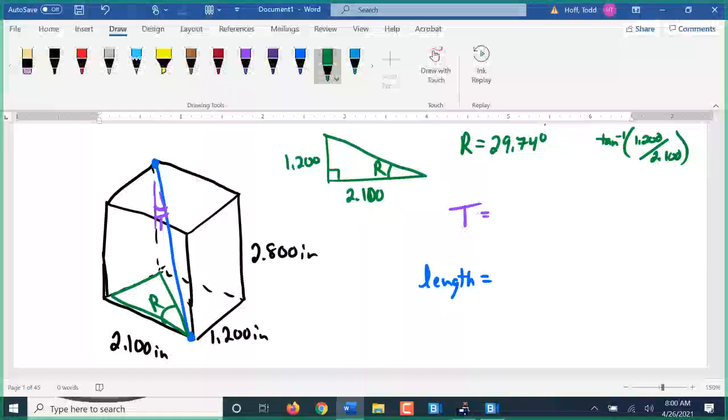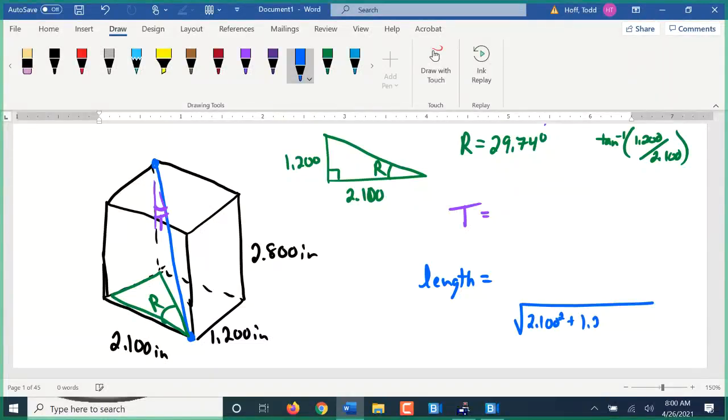We're going to have to come back to T. The length here is going to be found by doing the square root of 2.1 squared plus 1.2 squared plus 2.8 squared. What does that give us? 3.7 exactly? 0, 0. Oh, couldn't have planned that out better if I tried.